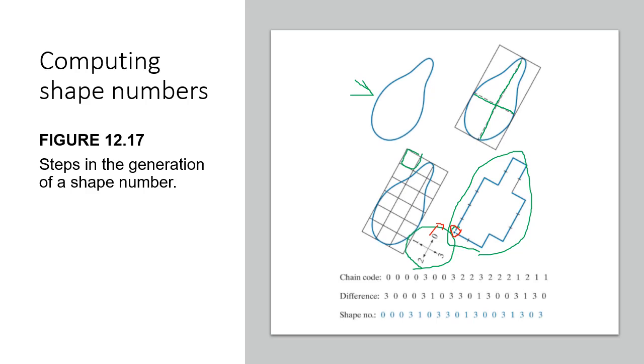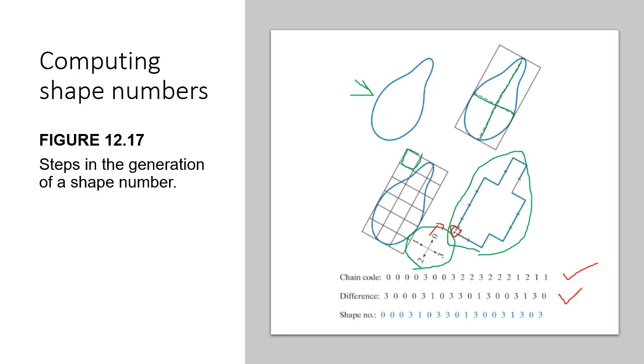And so we obtain this chain code. However, since chain code is affected by rotation, then we have to calculate the difference. So we calculate the differences like before.